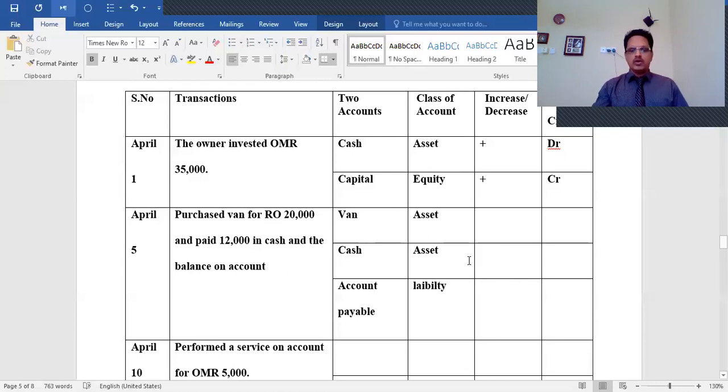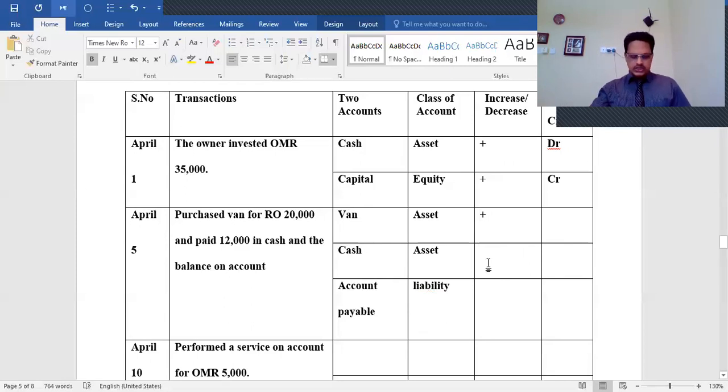Account payable means your suppliers, your responsibility, you have to pay money. So account payable is a liability. Now you understood. When you buy a van, your asset, van, increases.